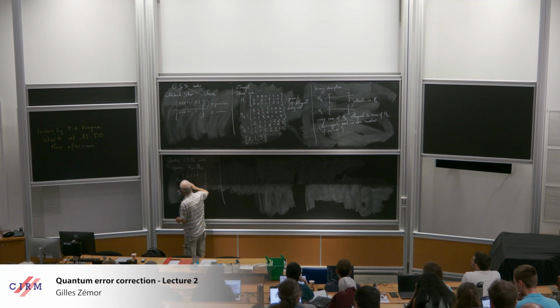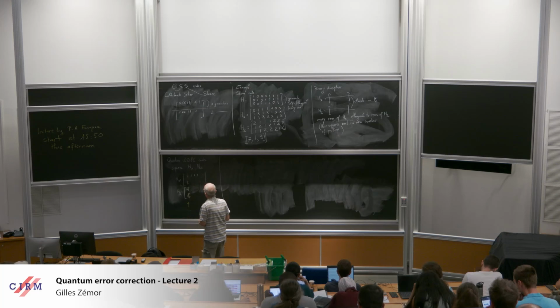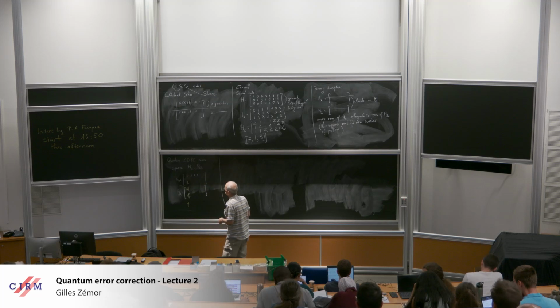If for a moment we go back to the X and Z notation, and we look at a column, how can we view a column?